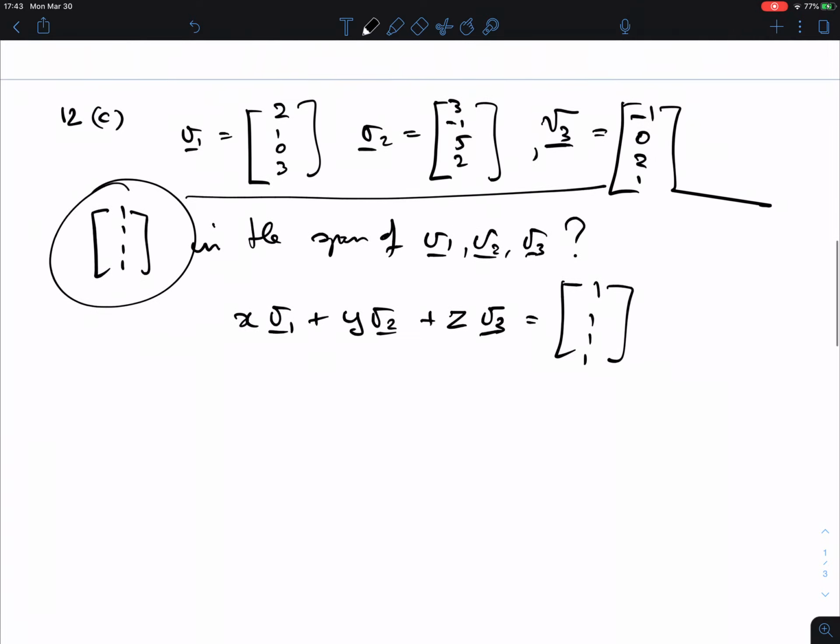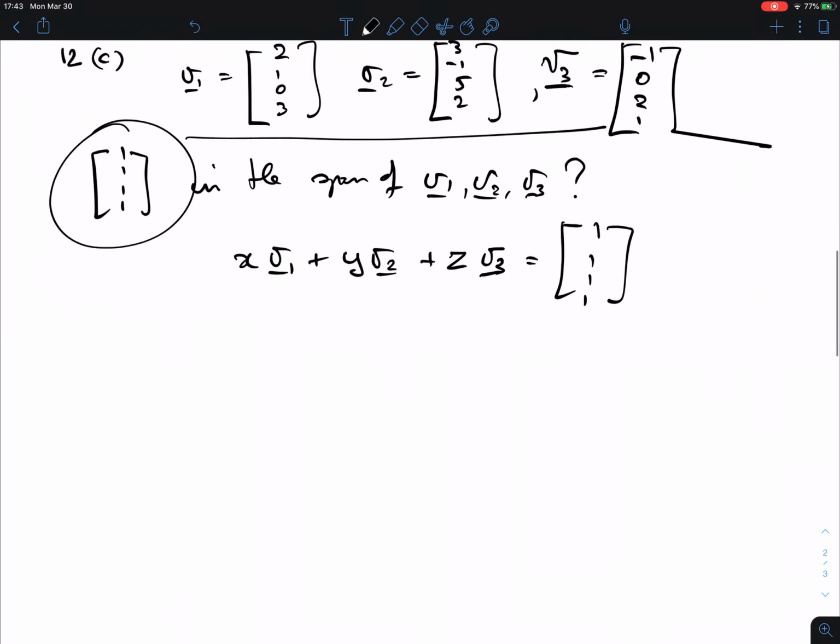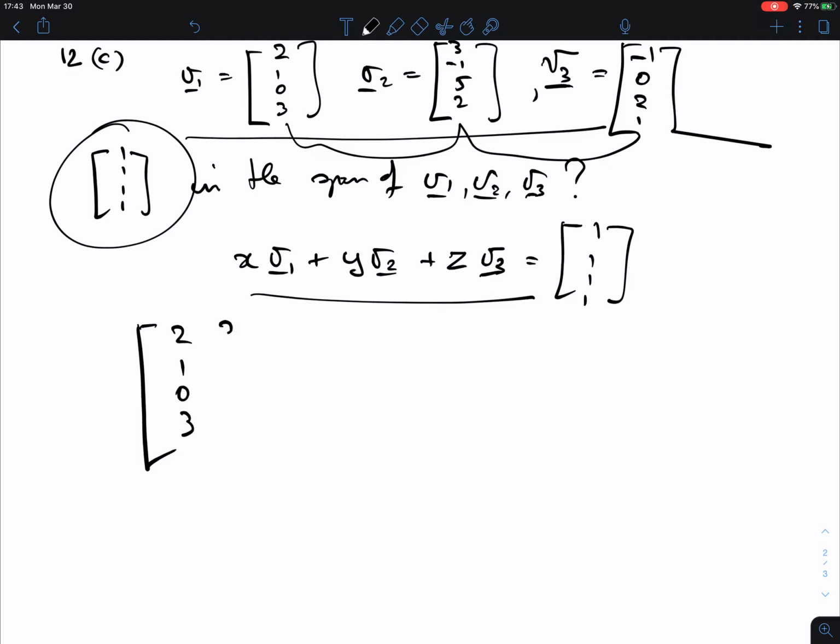And again, as in the previous case, the matrix of this system of equations is exactly the matrix given by these columns. That's why we have to write them as columns, not as rows. Be very careful. So the matrix that I get is 2, 1, 0, 3, 3, minus 1, 5, 2, minus 1, 0, 2, 1.